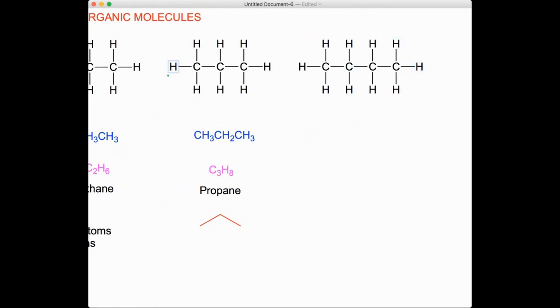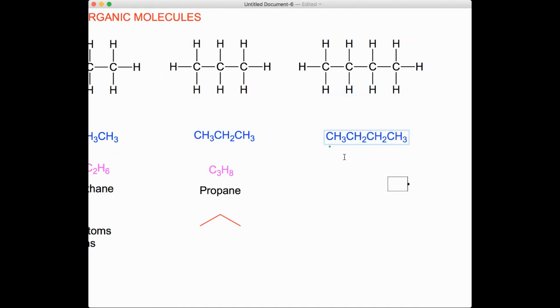That will be the Lewis structure. The condensed structure would be this one, right?